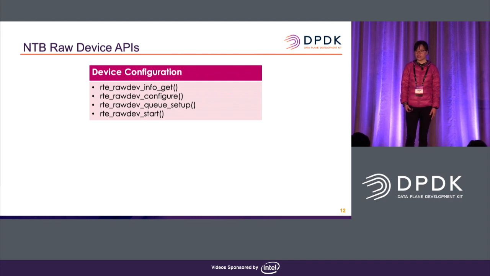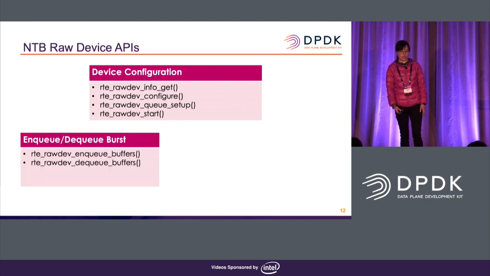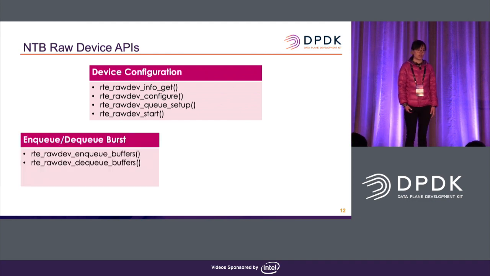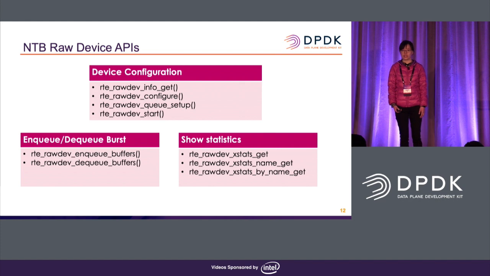This is similar to other kinds of devices: get the device info, then configure it, then set up the queue, and then start. After that, we can call the enqueue and dequeue functions to receive and transmit packets. Meanwhile, statistics functions are also provided to show the hardware statistics, such as how many packets are received and how many packets are sent.